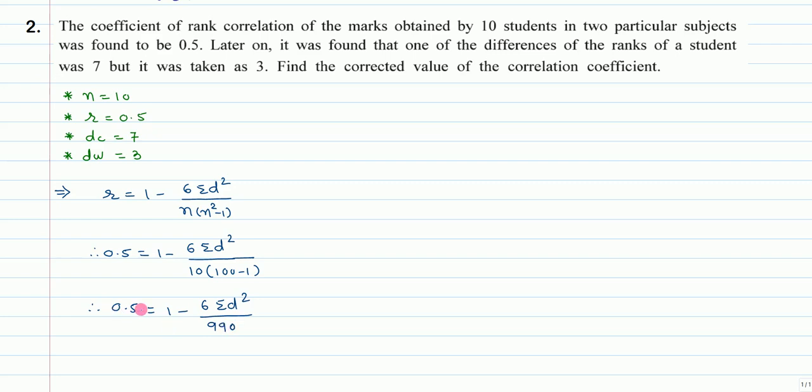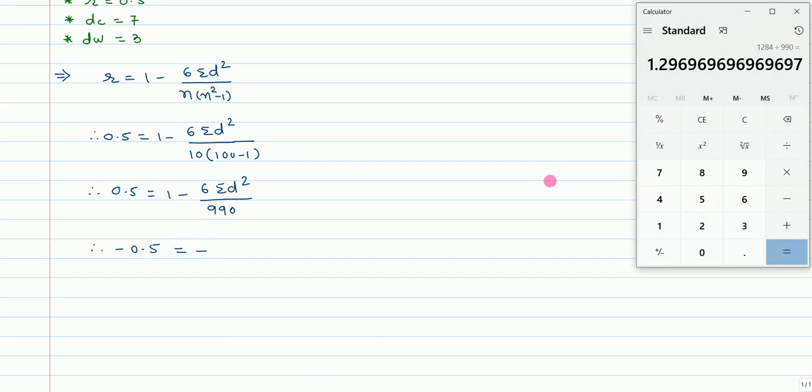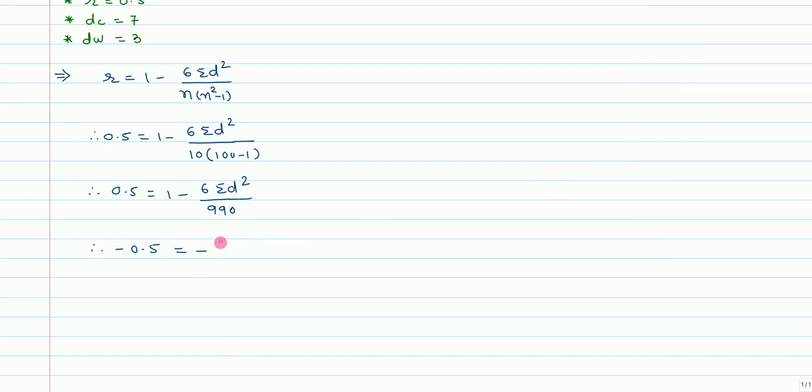Okay, now moving this 1 to the left hand side, it becomes negative. Therefore, minus 0.5 is equal to minus sigma d square upon 165, since 990 divided by 6 gives 165.